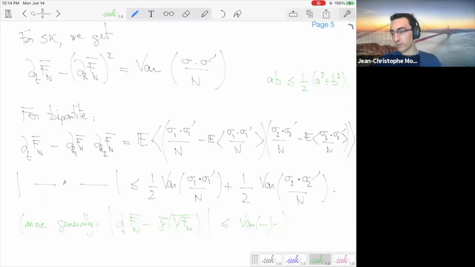All right, so how do we orient ourselves in this space of models? Why do I want to single out SK and bipartite? The critical difference between the two models is that I take each as a representative of a particular class, and SK represents the class for which this function psi is convex.